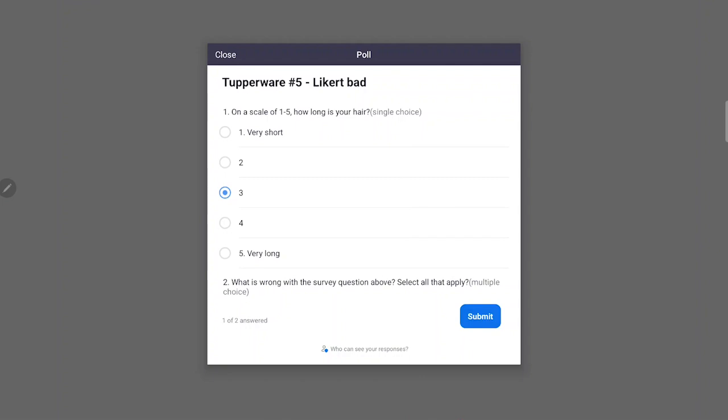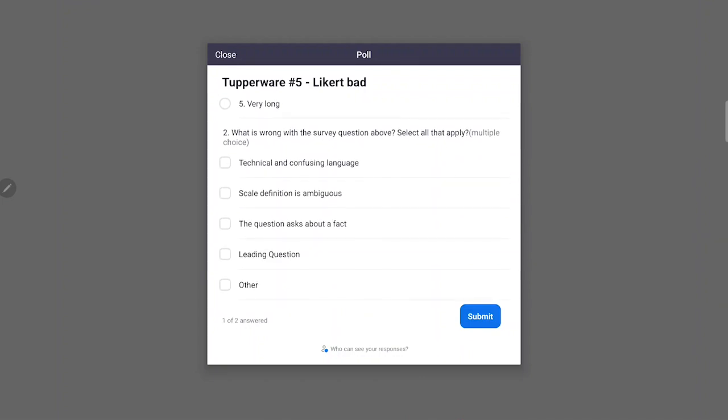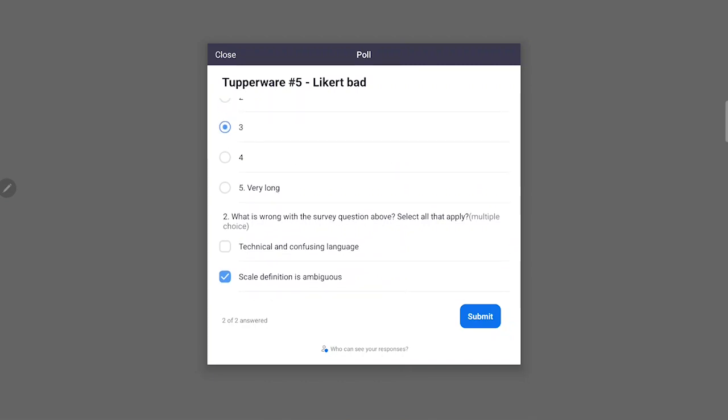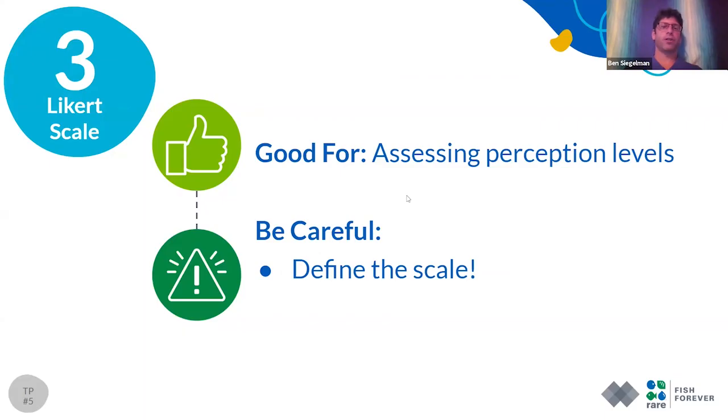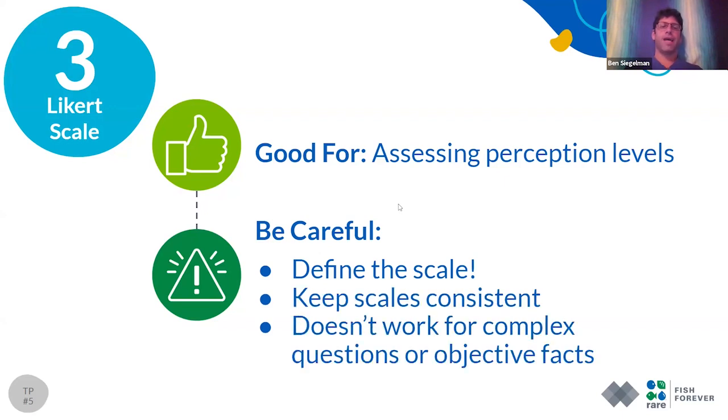So I like the second example better, or I'm sorry, I haven't shown you the second example yet, but I will show you. The other issue with this is I don't like the question for a Likert scale because a Likert scale isn't very good at complex questions or objective facts. And ultimately, we're asking here about an objective fact.